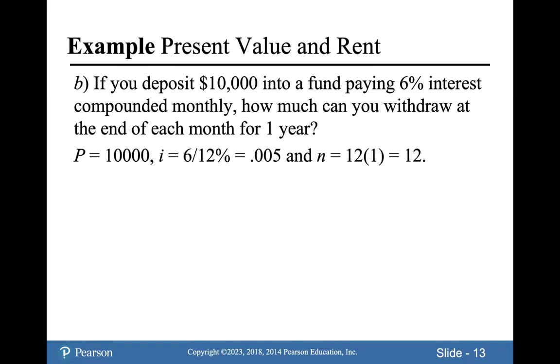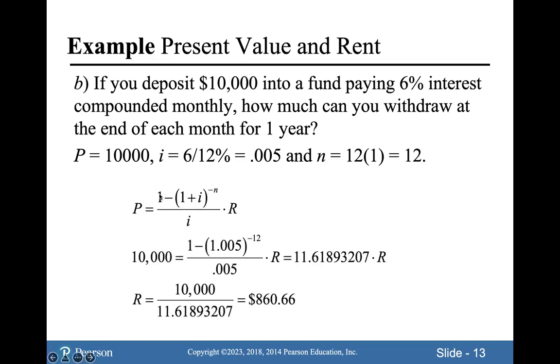Okay, so in this example, P is 10,000. I is 6 divided by 12%, which as a decimal is 0.005. And the number of withdrawals is 12 times 1, which is 12.